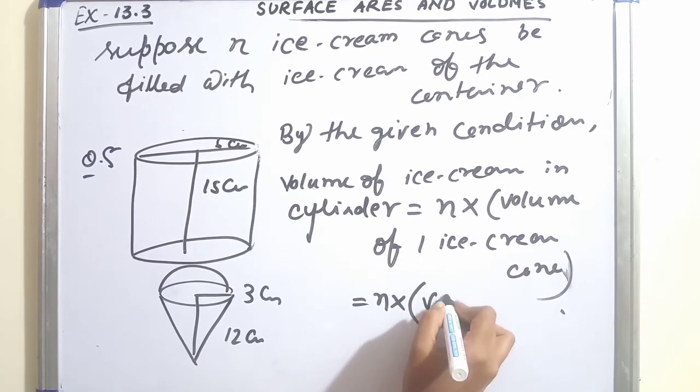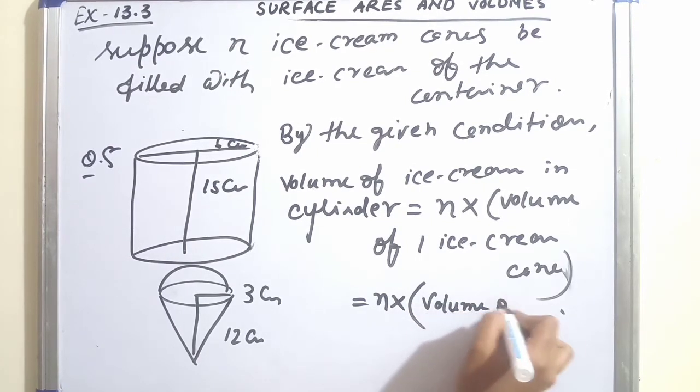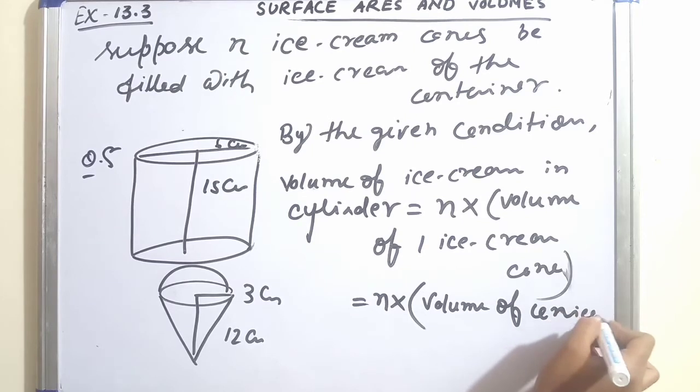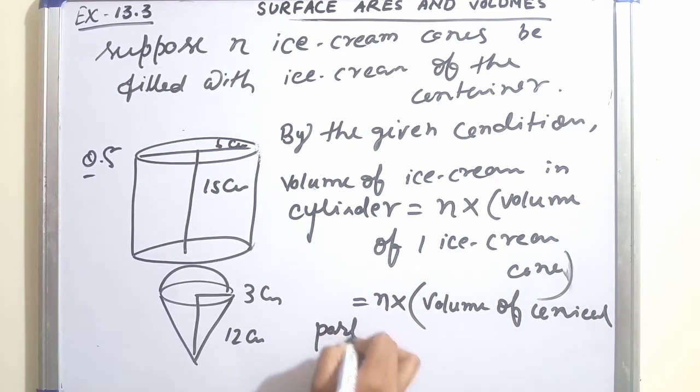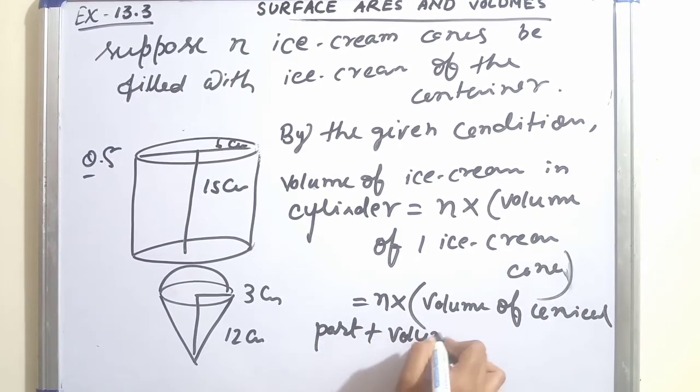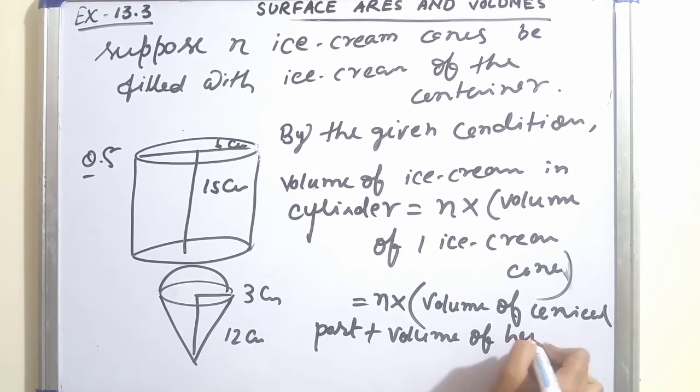That means volume of conical part plus volume of hemispherical part.